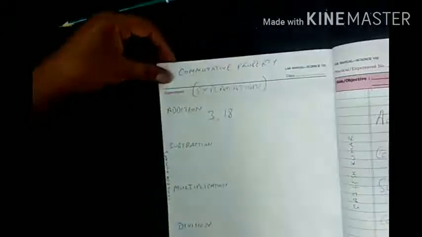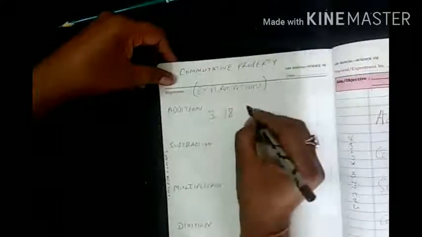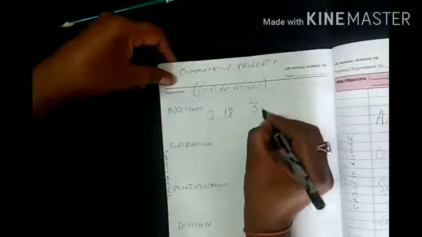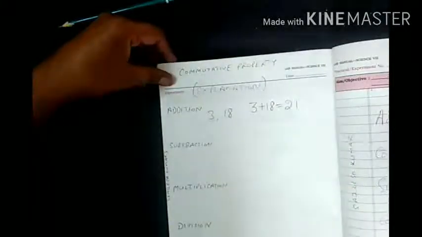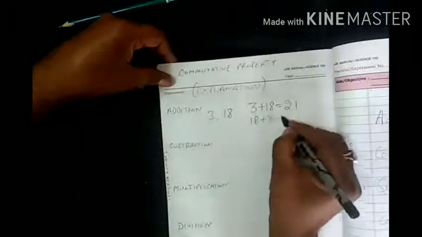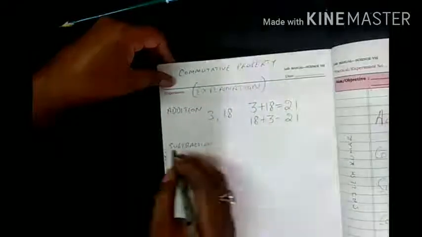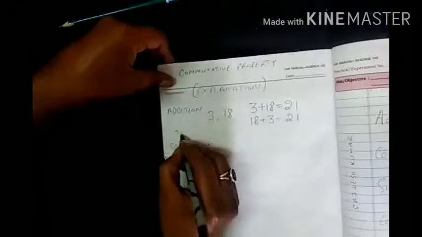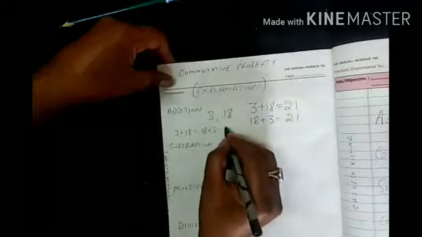Now I will apply addition on these two. 3 plus 18, what is my answer? 21. Clear? Now if I do 18 plus 3, then what is my answer? 21. Here I can say that 3 plus 18 is equal to 18 plus 3 is equal to 21.